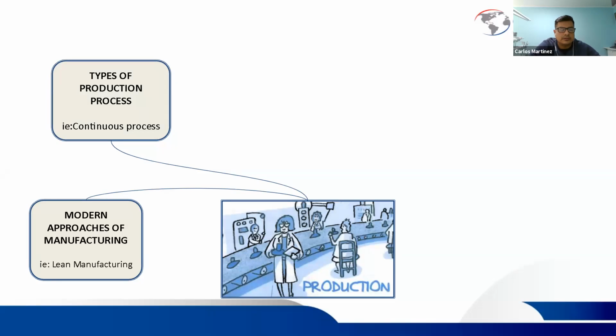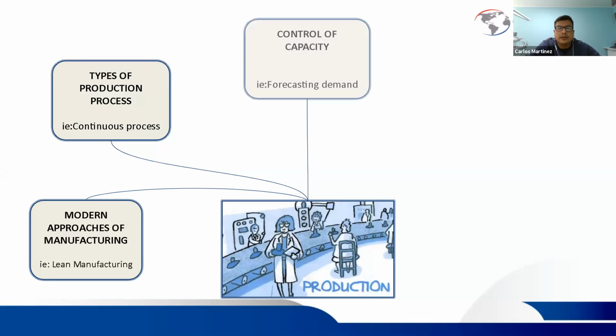Next is the control of capacity, so that we know we will be able to produce what we commit to produce. For example, here we have forecasting demand. We are giving a prediction of what we will need to produce.